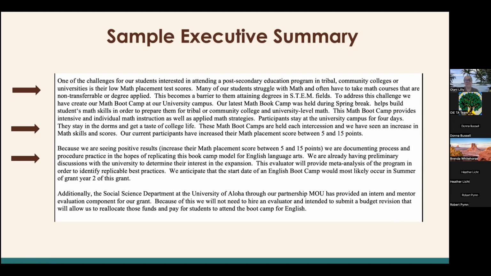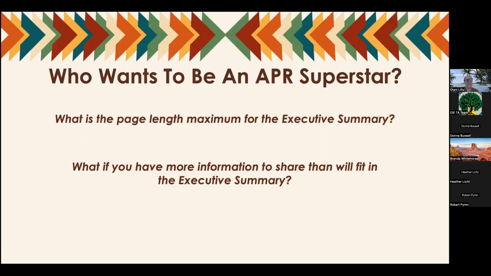And lastly, we see that this grantee has concluded their executive summary by stating their next steps. This is a great place to add any information around your goals, and maybe some information that you uncovered along the way. Also, you can utilize it to talk about anything you're doing related to sustainability.